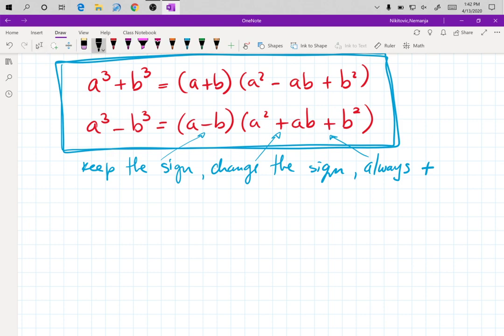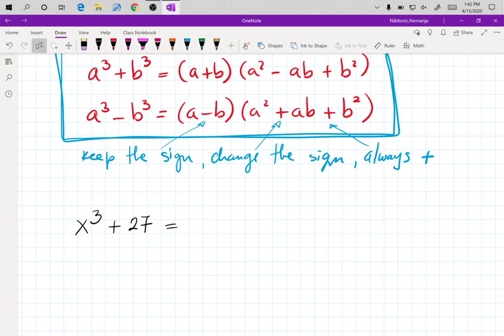So what we have here is, let's say you have x to the 3 plus 27. Now this is a little bit harder, but this one over here is 3 times 3 times 3.